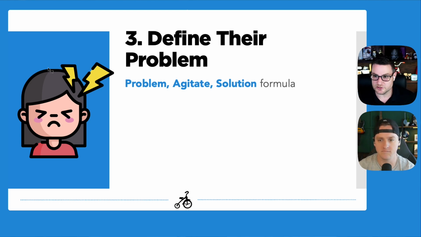You can also use the flats and fixes, because you've already gone through the flats, agitating them, and then the solutions. So this is where you are starting to reel them in a little bit closer, right?